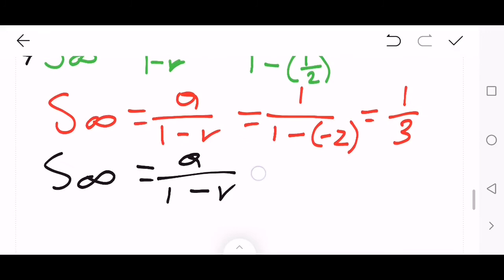However, let's change the a to the value 10. So we have 10 over 1 minus 1/2. So the sum is 20.